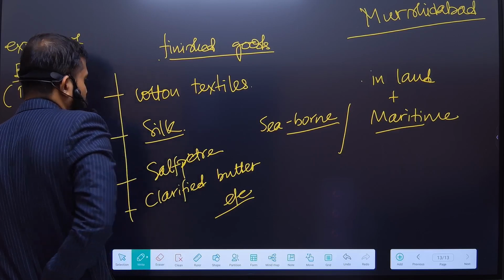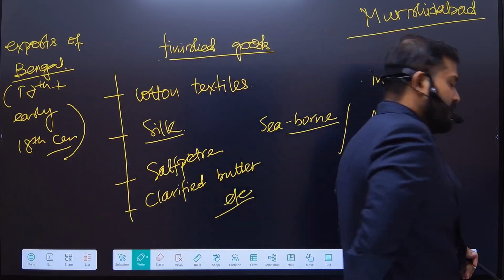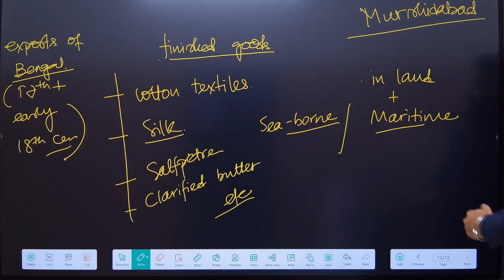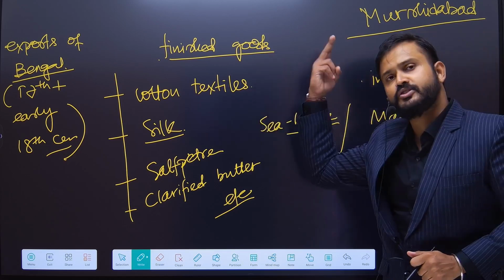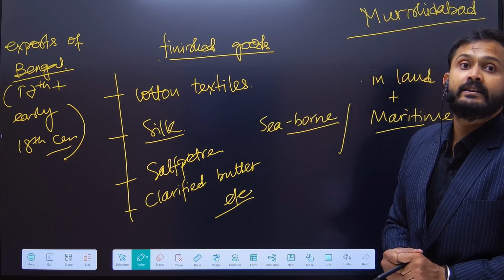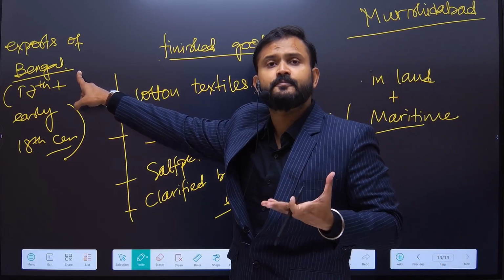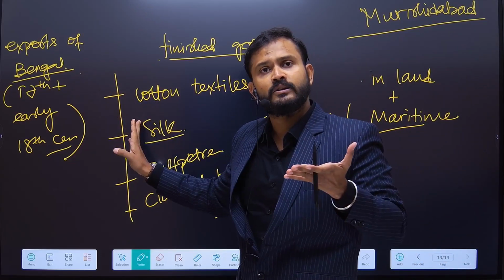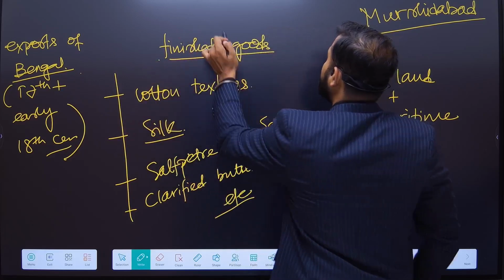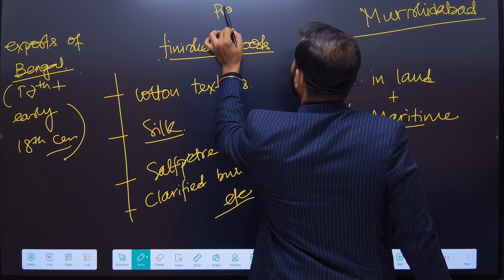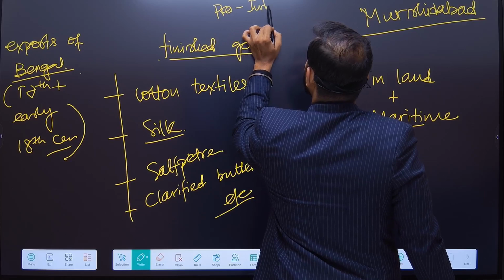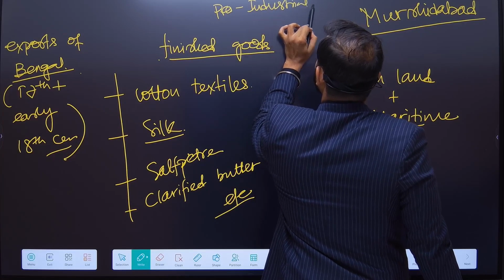Now here was a prelims question. If you change the time period, the export basket will also be changing. Try to understand. This is the period which marks the heightened economy of Bengal. And this is basically pre-industrial Europe, pre-industrial Britain.